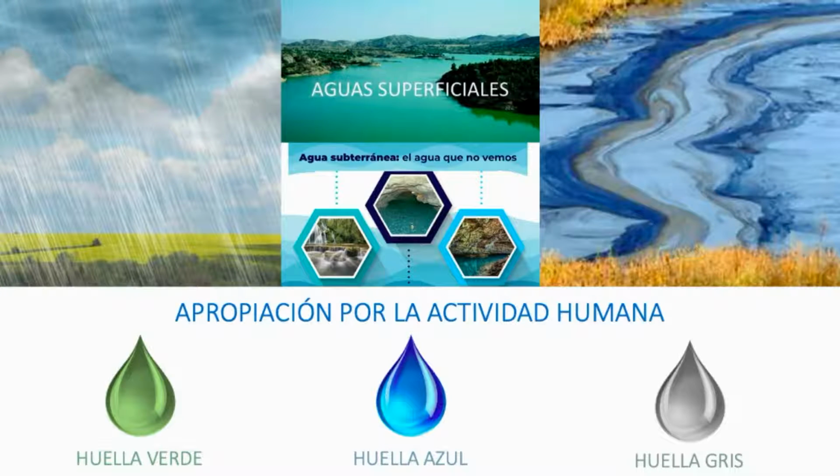So it's a water dilution, a volume of dilution that is needed to comply with local regulations on each specific contaminant. Okay, so I hope this is clear. We have 3 colors in the water footprint: a green, a blue, and a gray.